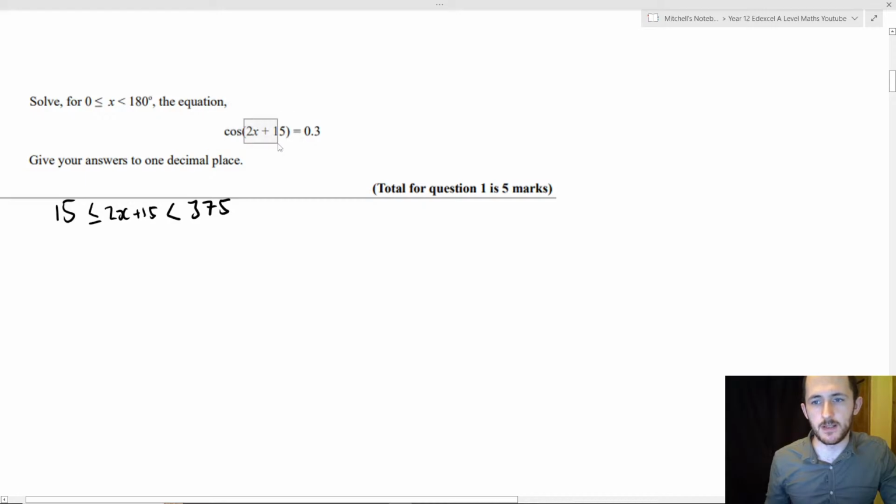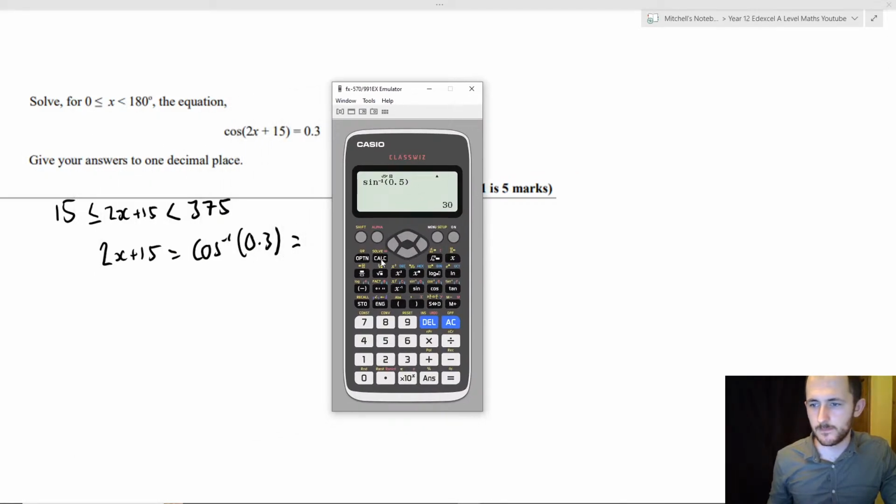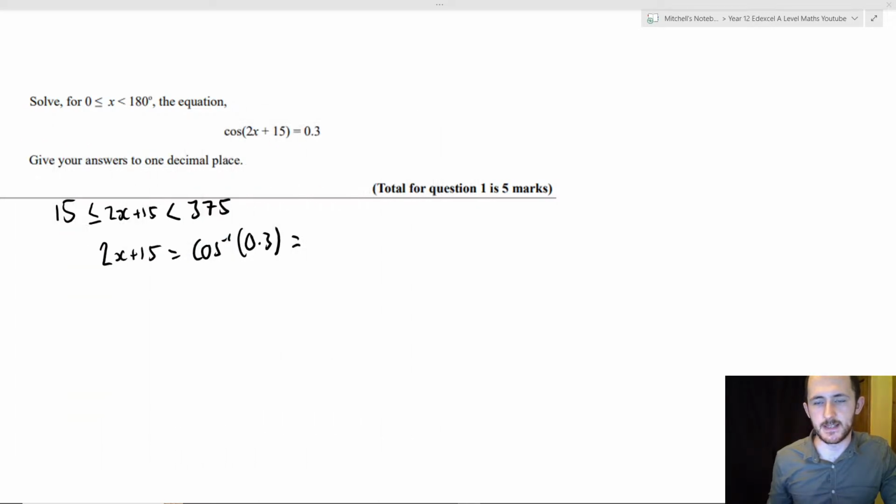Then we're going to subtract 15 and divide by 2 in order to work out what x would be. So 2x + 15 is equal to the inverse cos of 0.3, which if we work out on our calculator is 72.5 degrees, and it says give your answer to one decimal place, so 72.5.